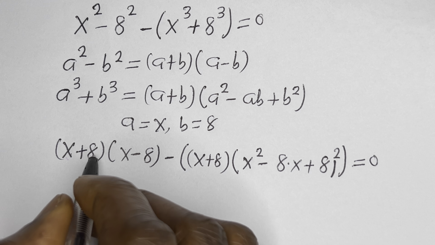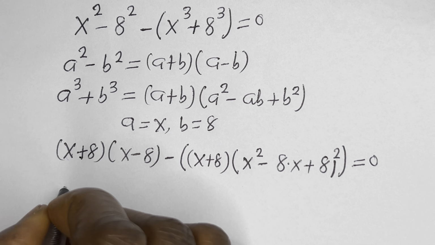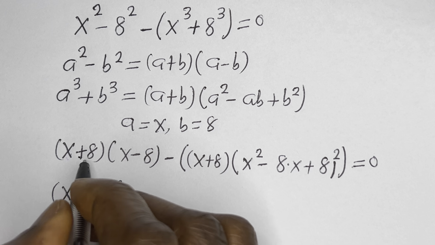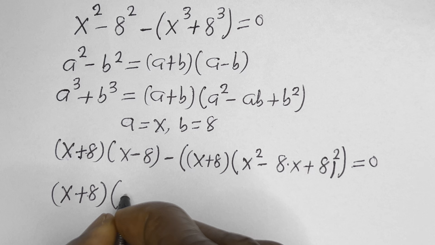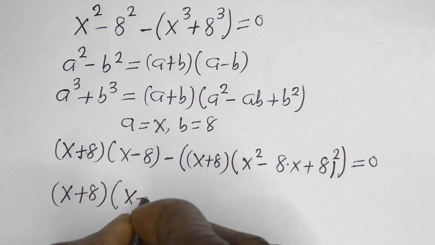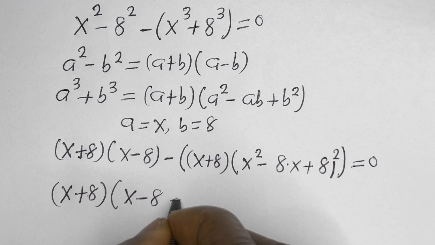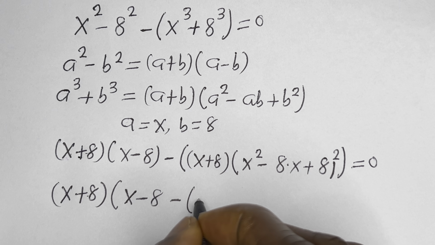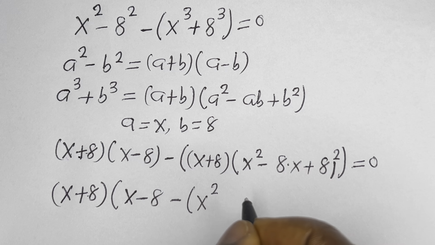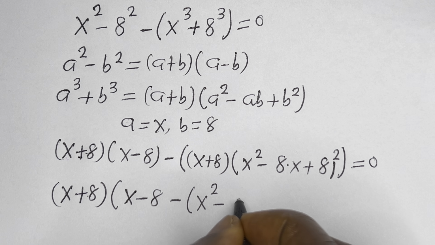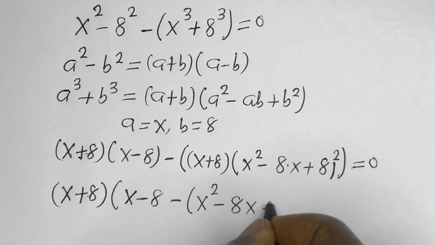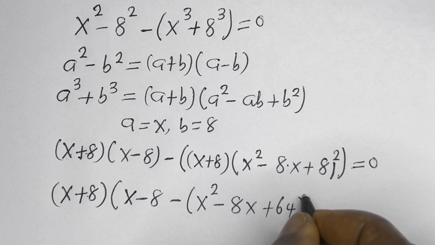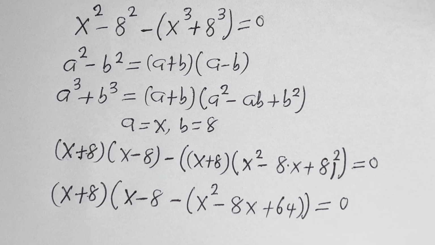Then here we have s plus 8 is common. s plus 8 bracket, if you divide this by this, we have s minus 8 minus, if you divide this by this, we have s square minus 8s plus 8 square, that is 64, is equal to 0.